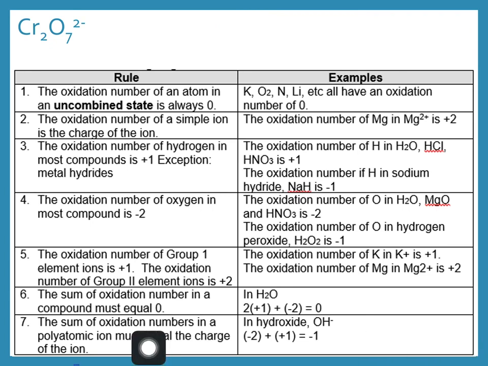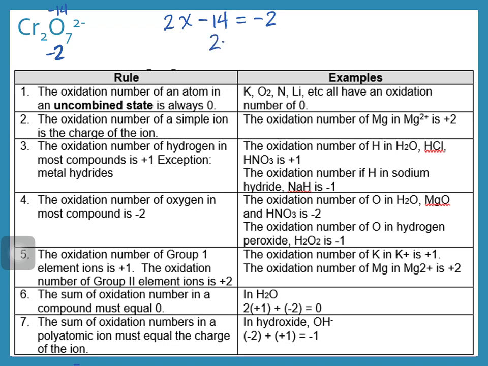So here I have a polyatomic ion, and so overall it needs to equal 2 minus. I have 7 oxygen, so this is one that you'll probably get to know well, that oxygen is a minus 2. So oxygen is minus 2, that means 7 times 2 is a minus 14 overall, and whatever chromium is, I have 2 of it, and that has to equal negative 2 overall because the charge is negative 2.